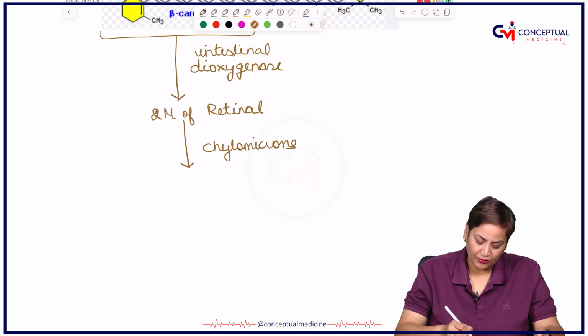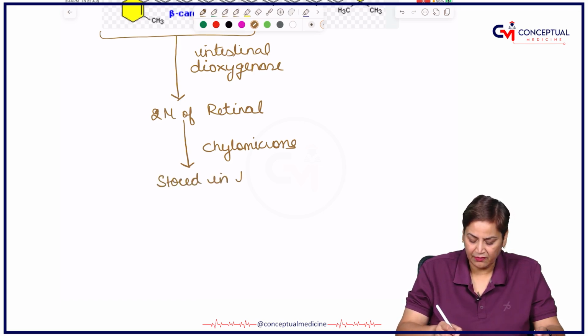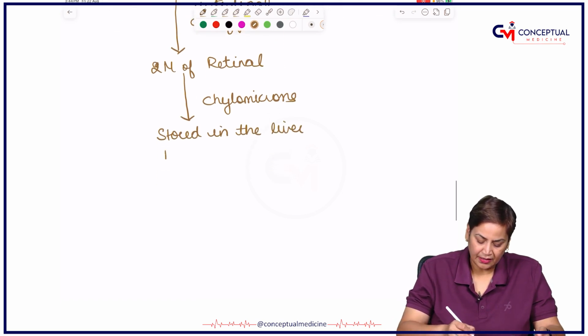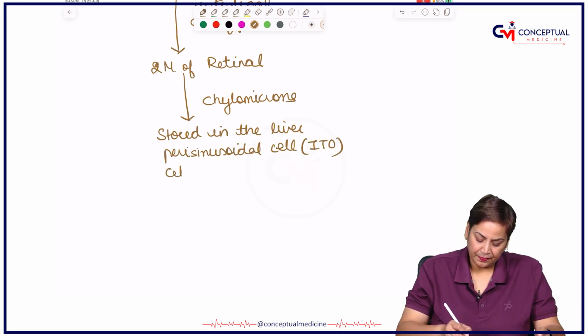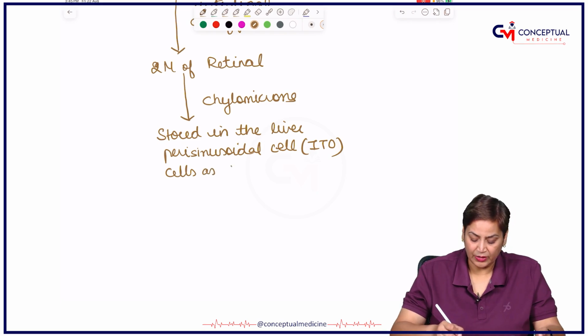They will be taken over and stored in the liver, and that too in the perisinusoidal cells or the Ito cells of the liver, as palmitoyl esters. Palmitoyl esters. Right?